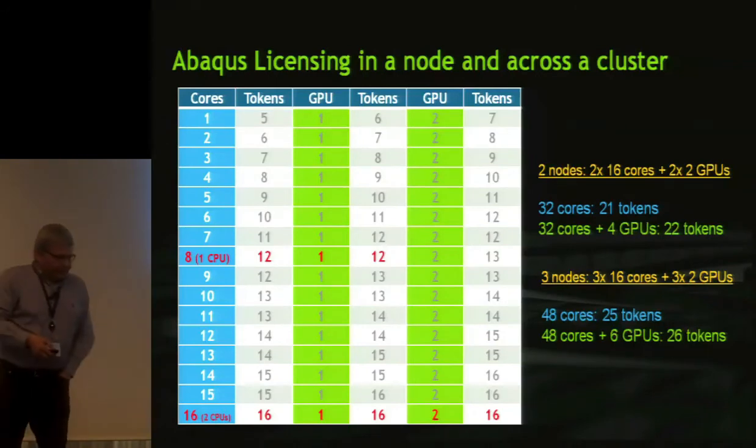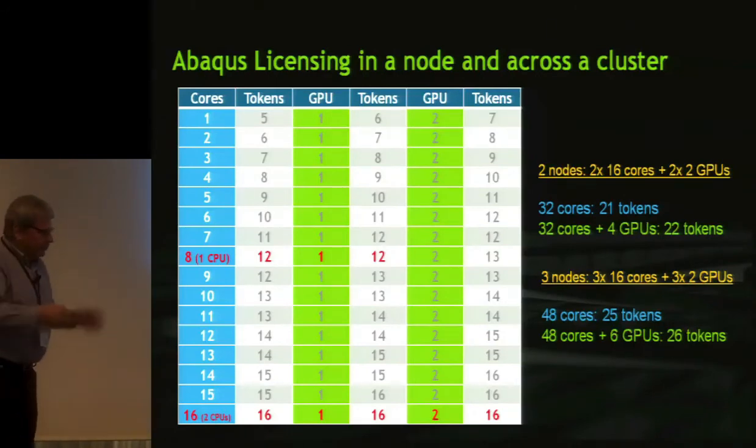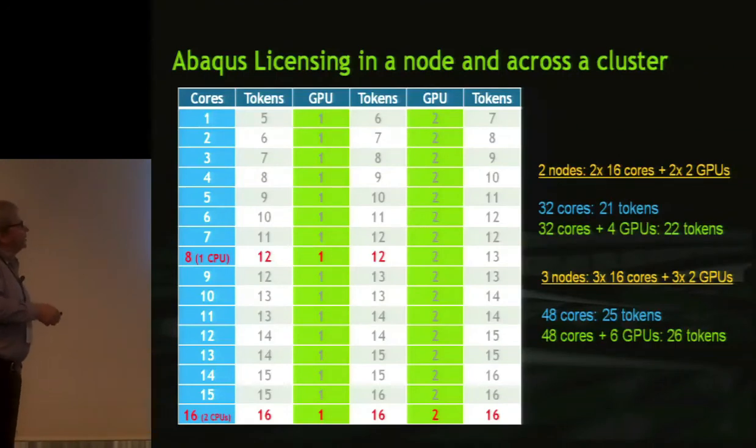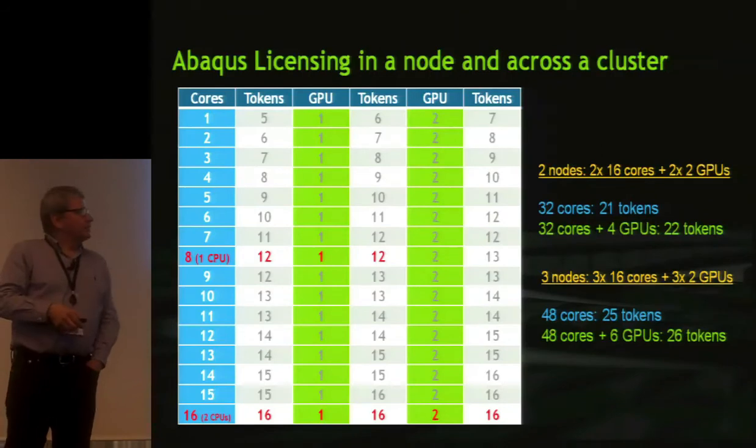Regarding licensing, it's a complex formula for Abaqus. You see here when you are using 1 core you need 5 tokens, with an additional GPU you need 6 tokens, and you can go through this table here. For instance, for this run with 8 cores and 1 GPU, you need the same amount of tokens in order to run the application.